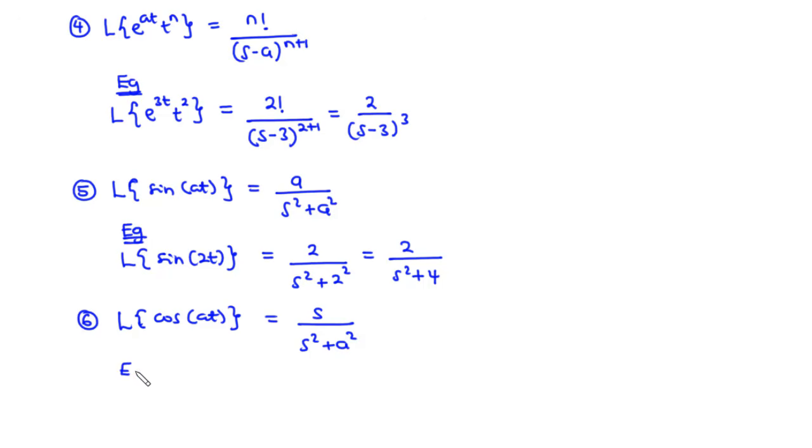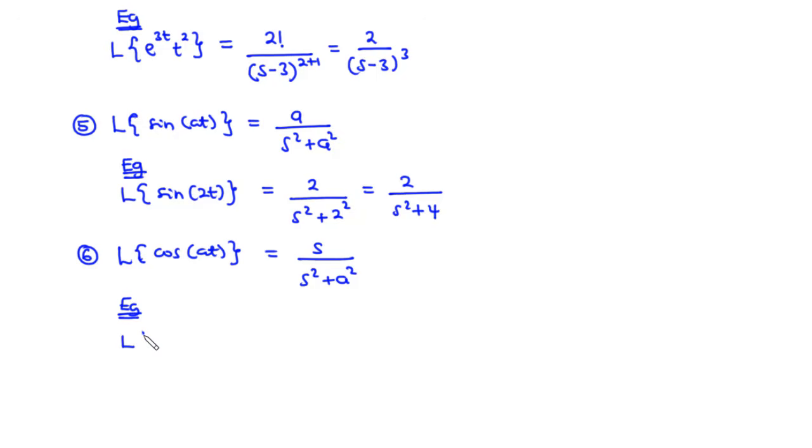So taking an example, we want to consider the function cos 2t. So we want to find the Laplace transform of this function. This is also equal to s divided by s square plus a square. Now we have a to be 2, so 2 square. This is equal to s divided by s square plus 4.